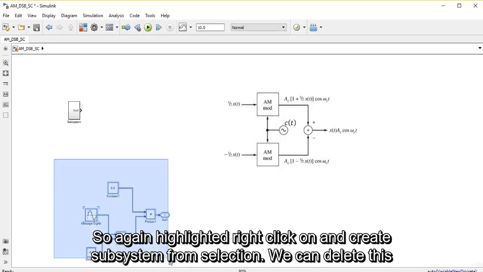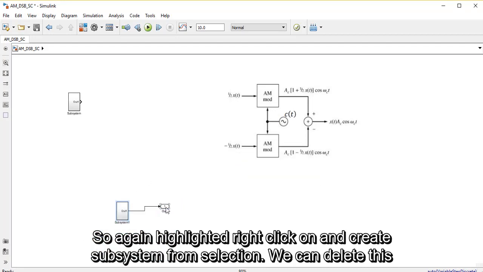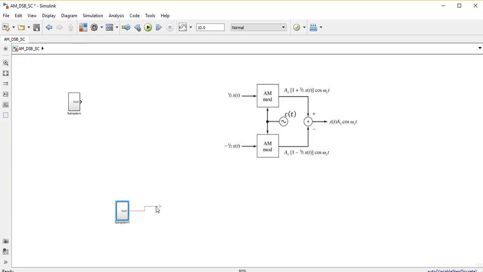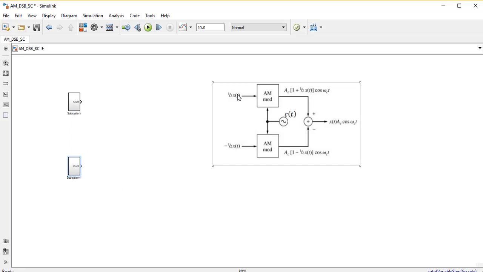So again, highlight it, right click on it, and create subsystem from selection. We can delete this output. So this is my one half of the message signal, and this is the minus half of the message signal.